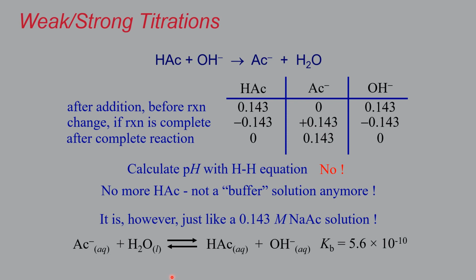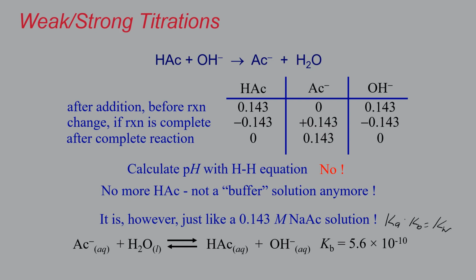If we know that the Ka of acetic acid was about 1.8 times 10 to the negative fifth, we can use the relationship that we developed before, namely that the product of Ka and Kb is equal to Kw, to figure out the Kb for acetate, which will give you 5.6 times 10 to the negative 10th.